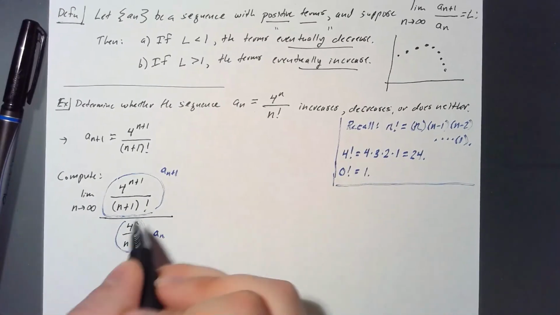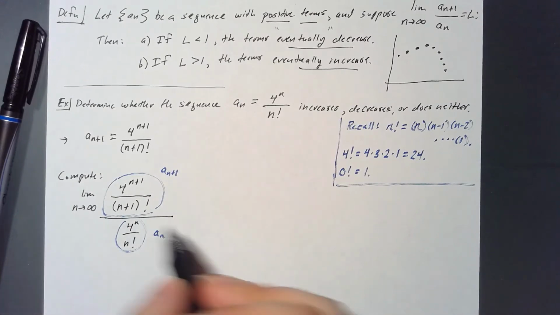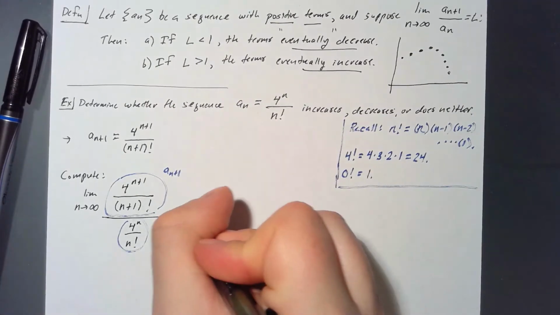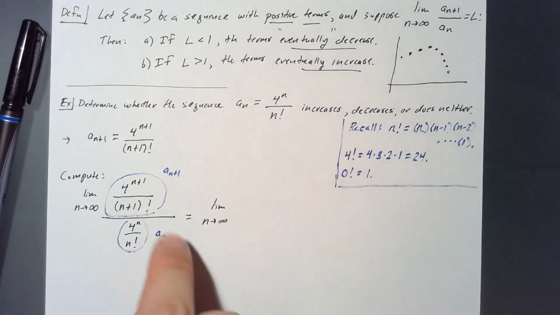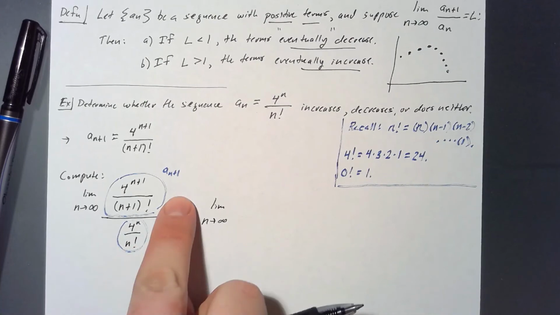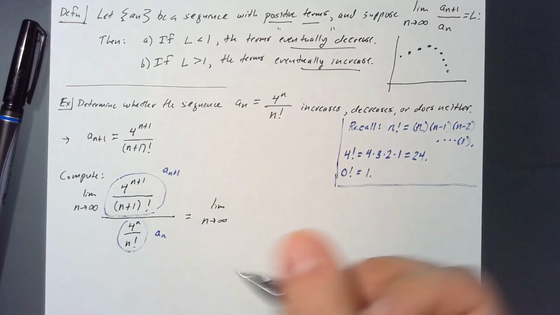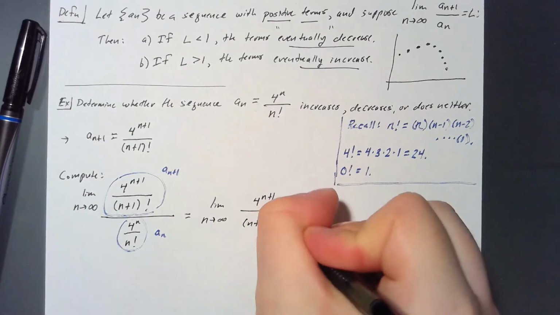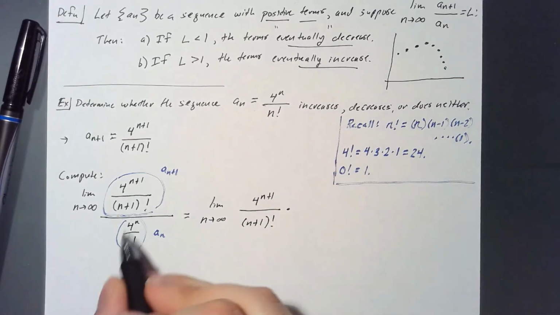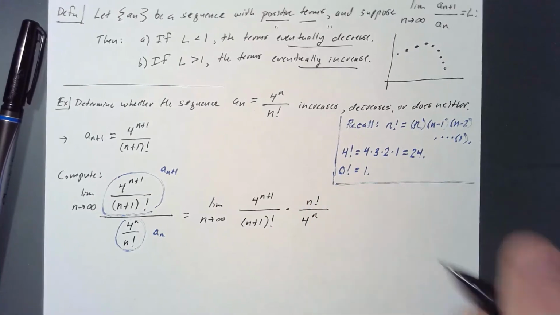So now I have to compute this ratio. All right, well that looks ugly. How do we deal with a complex fraction? We could rewrite that. I could bring this up and take the reciprocal and write it as multiplication. So this times the reciprocal of this. So 4 to the n plus 1 over n plus 1 factorial times the reciprocal of this, that'll be n factorial all over 4 to the n.